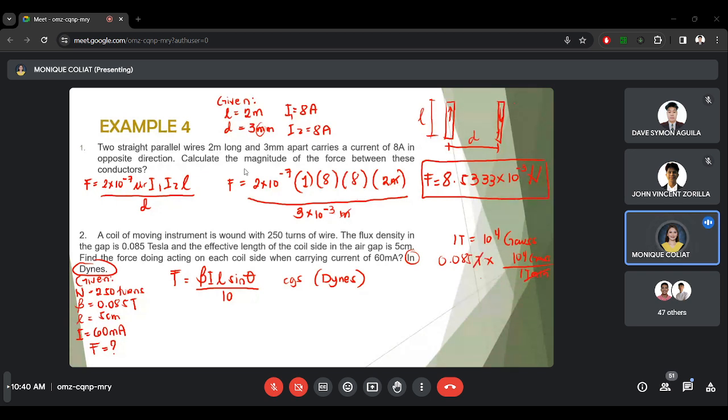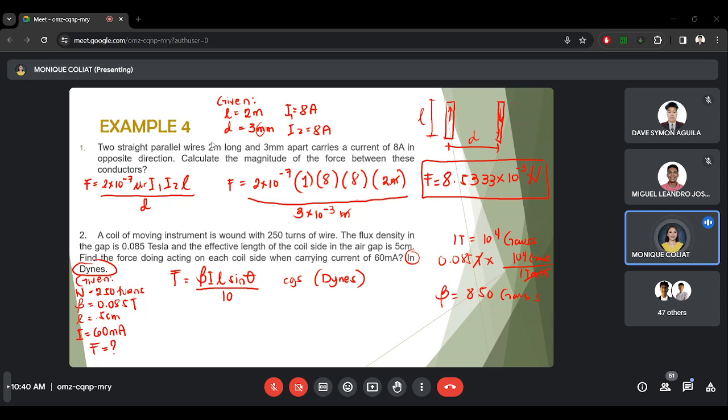Cancel Tesla. What's the flux density? 850 Gauss.